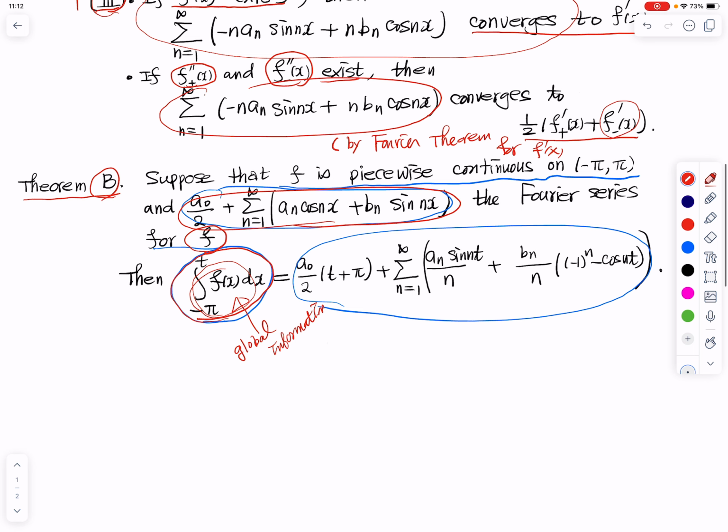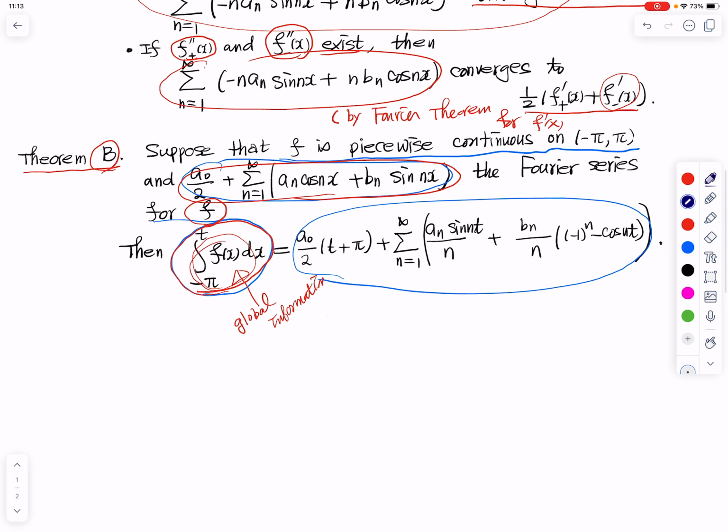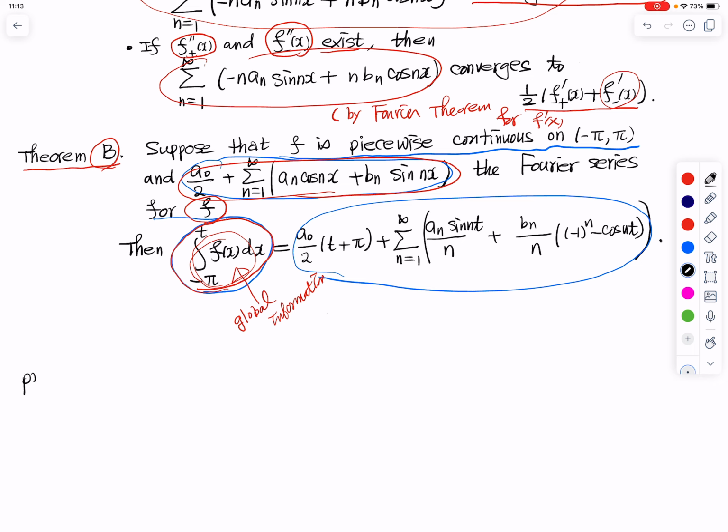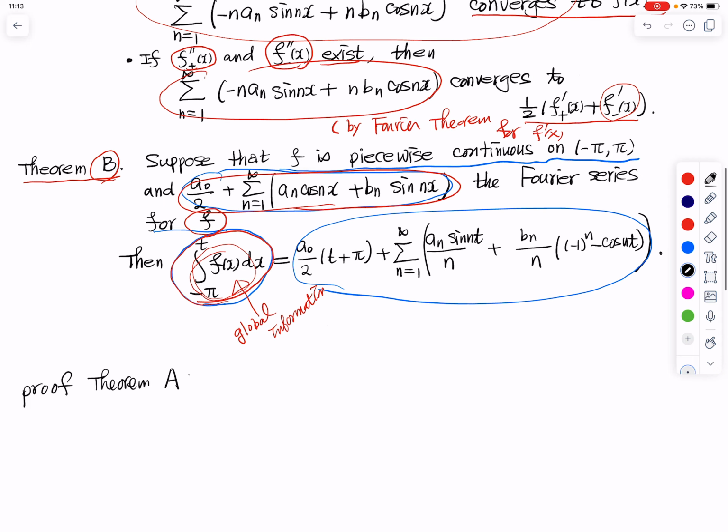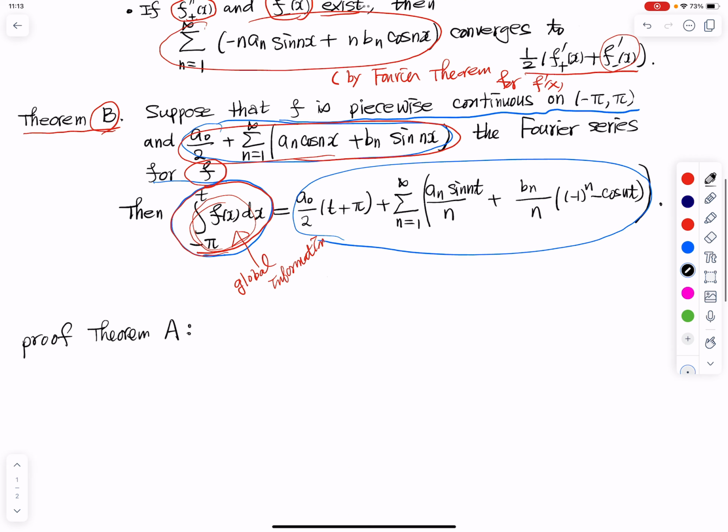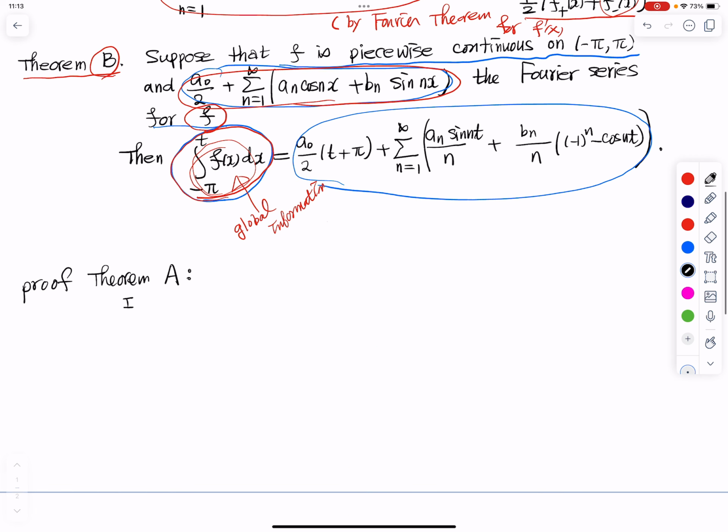So first, let me try to prove the first theorem, the proof of theorem A. I mentioned earlier that property number 1, you can see in lecture 5.